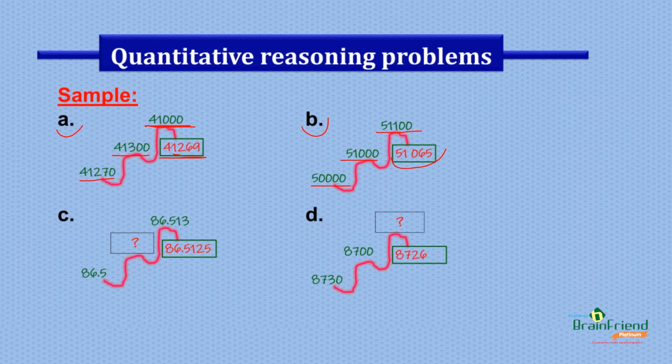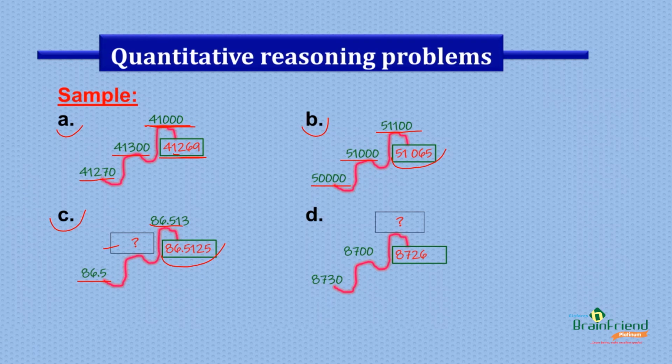Now, for our third sample, we have to figure out what the answer to this place is. This is our original number as usual. You realize that here we have the number approximated to 1 decimal place. And when you look at this number, you discover that the same number has been approximated to 3 decimal places.